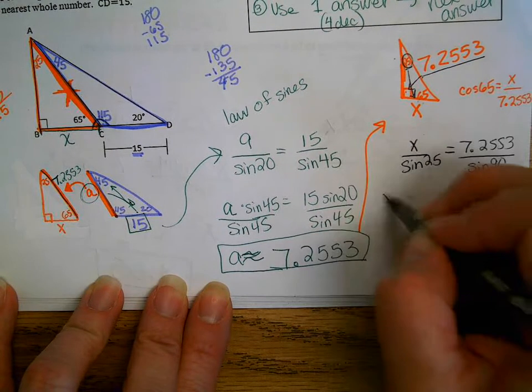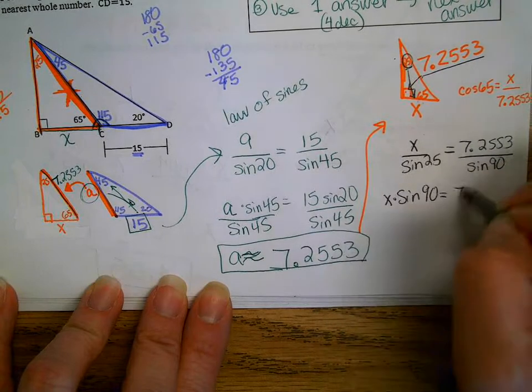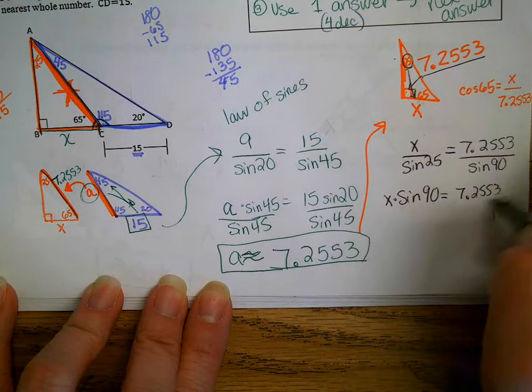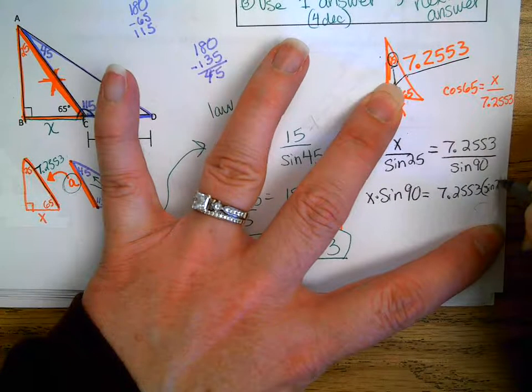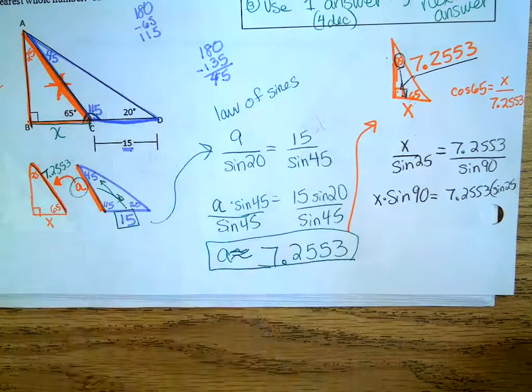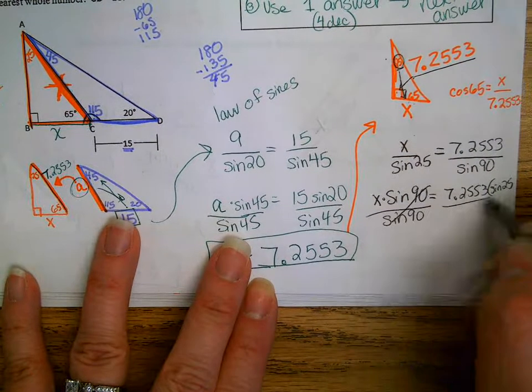So when we cross multiply, x times sine 90 equals 7.2553 times sine 25. When we divide by sine 90, it cancels itself out.